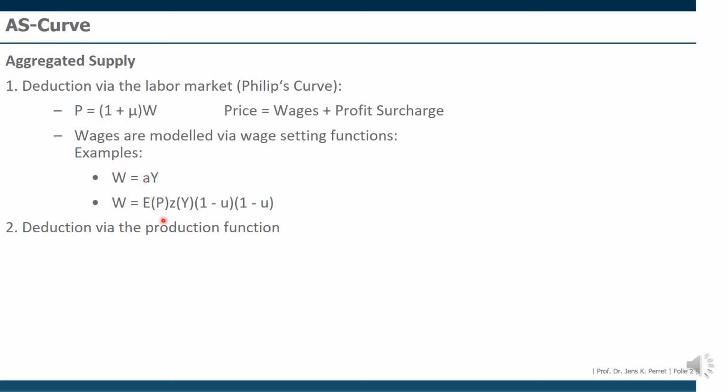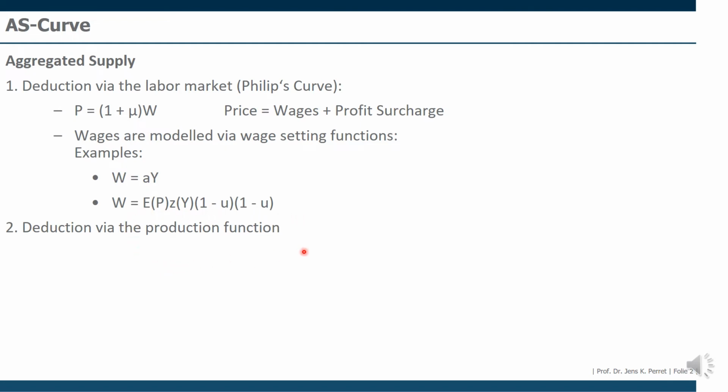So in this context, we have two different perspectives on how to get the aggregate supply curve. In some cases, the production function view makes a bit more sense for a lot of people, because we're talking about supply. So it needs to be produced by someone, by a supplier, and that's what's modeled via the production function.